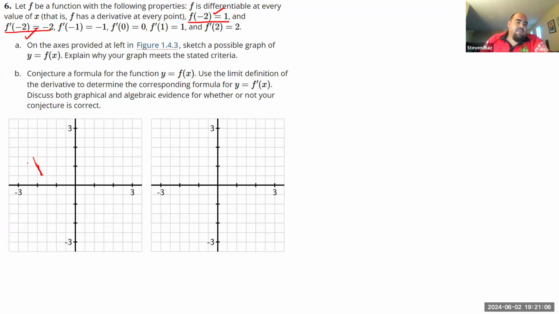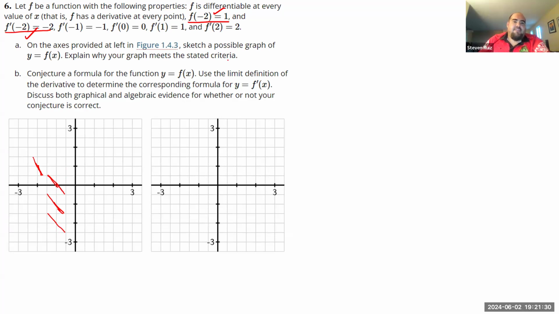Actually, we'll just put the slope in a few places, and from there, we'll figure out where this graph actually goes through. This is a key idea. While I'm marking a few slopes here, this is one of the key ideas from this section: understanding how a function and its derivative are related.